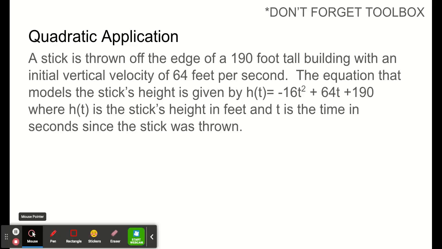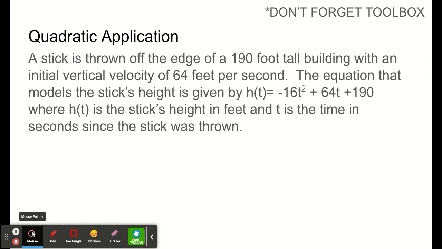Okay, so our GP today is this first real world situation. A stick is thrown off the edge of a 190-foot tall building with an initial vertical velocity of 64 feet per second. The equation that models the stick's height is given by the function h of t equals negative 16t squared plus 64t plus 190, where h of t is the stick's height in feet and t is the time in seconds since the stick was thrown.